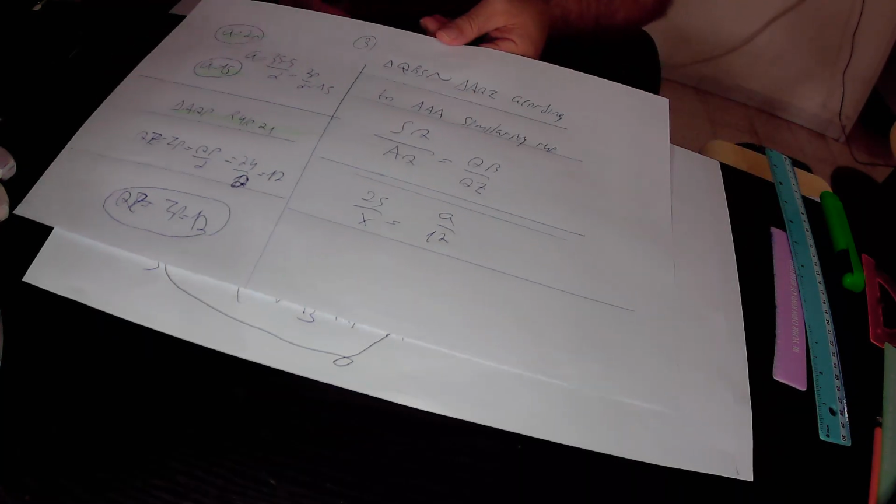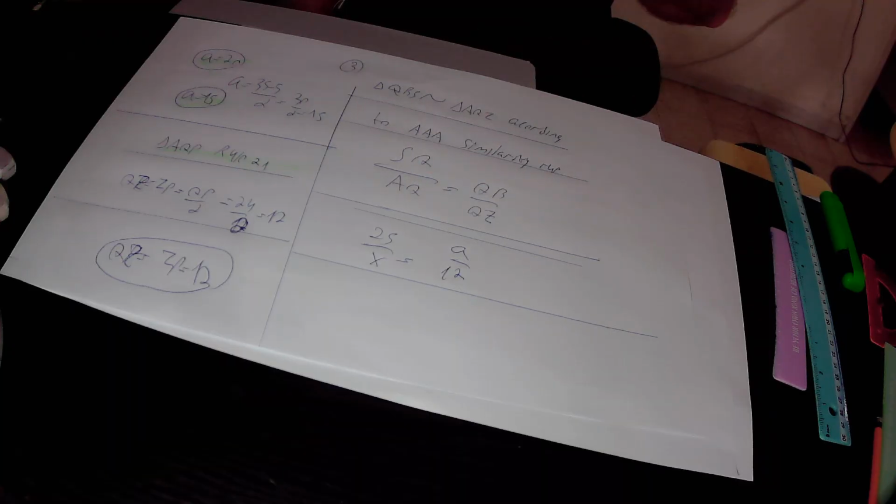So we found out that 25 over X equals A over 12. Here we cross multiply this equation.